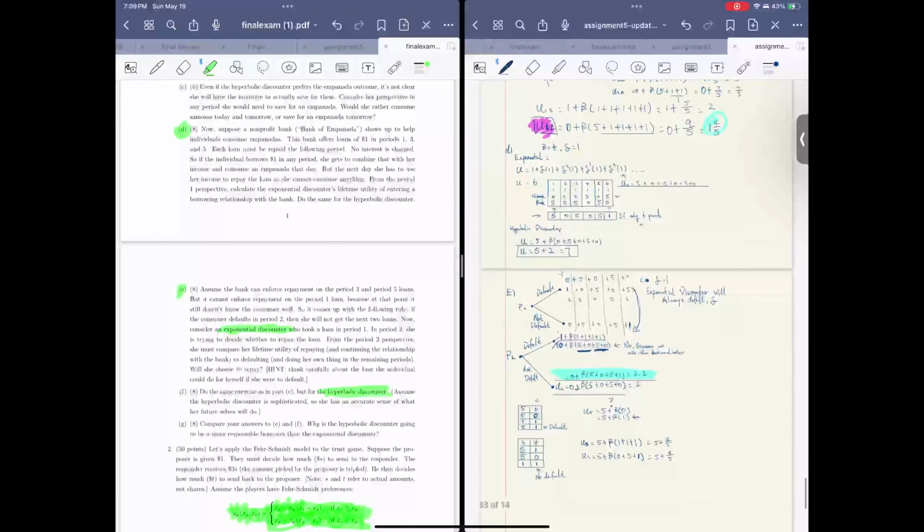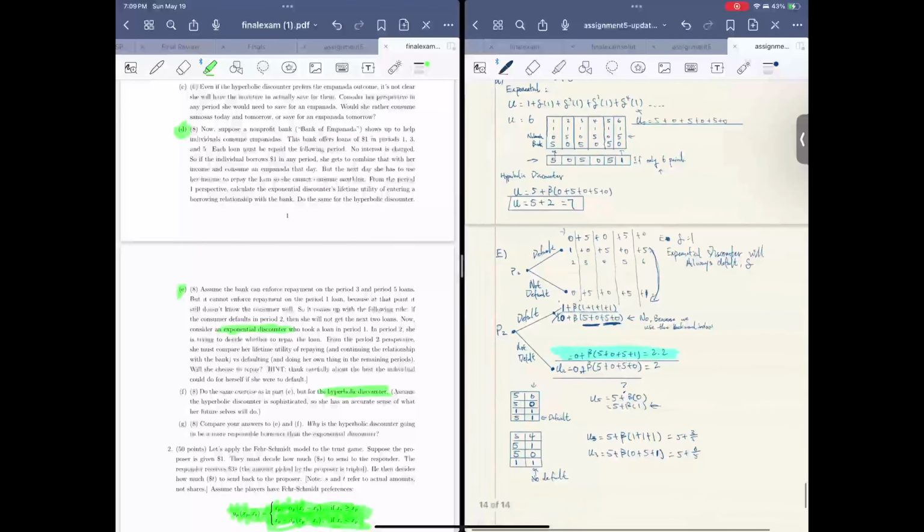Yeah, we did D, and then we're doing E. The bank can enforce repayment on period 3 and period 5 loans. Okay. I missed this.